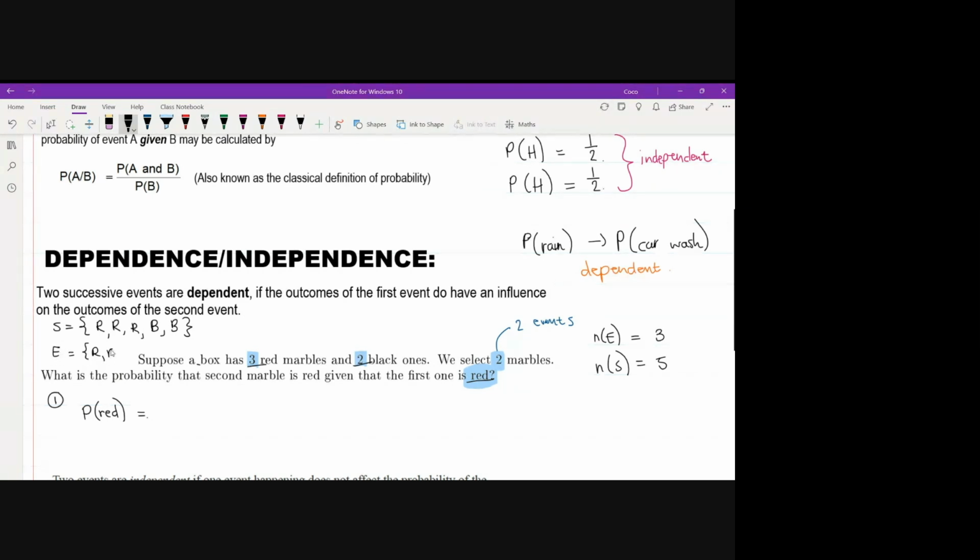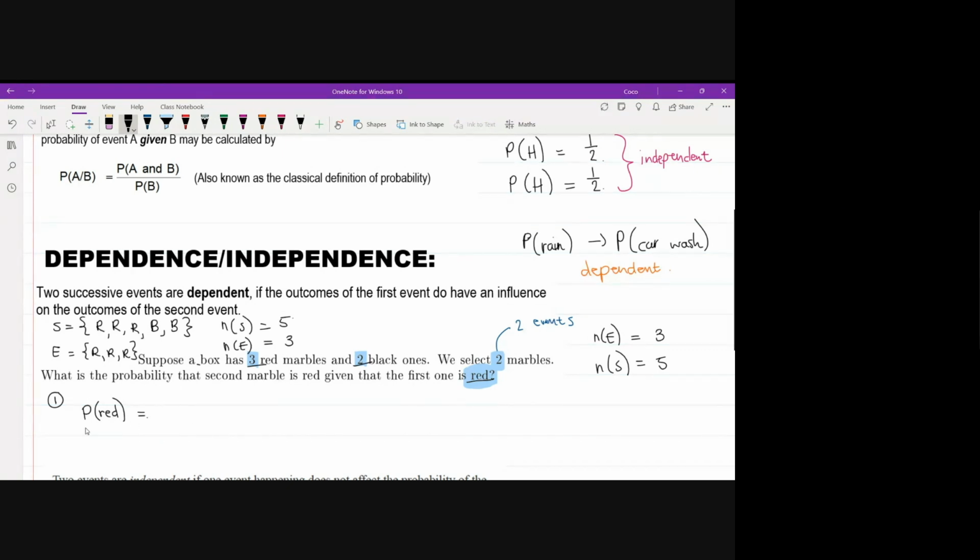So I know that there are 3 of them: 1, 2, 3. My sample size is how many elements I have in here: 1, 2, 3, 4, 5. I have 5 of them. And my event size is how many elements I have in my event. I have 3 of them.